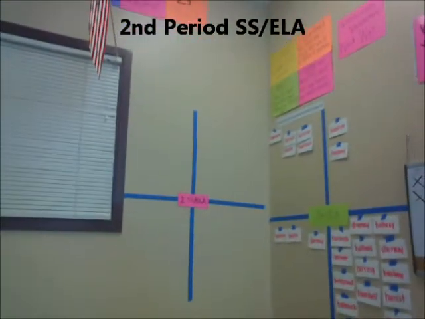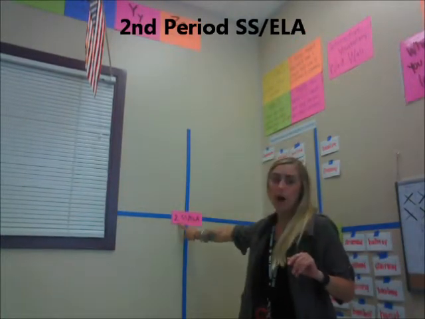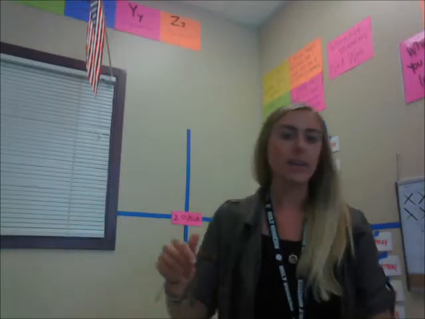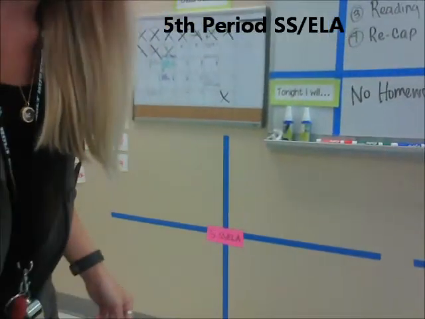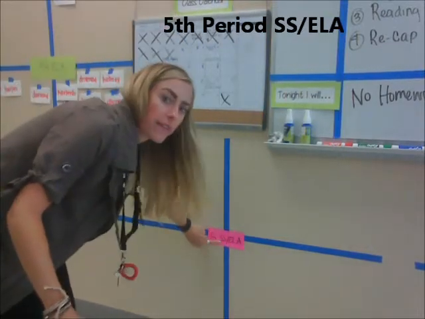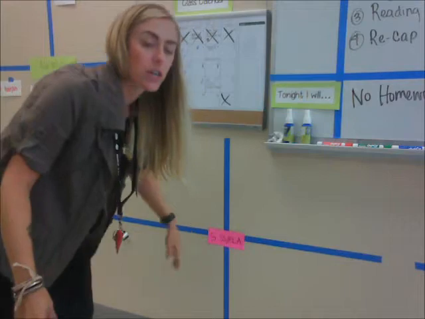So, if you are in my second period SSCLA, you are going to be using the second period SSCLA word waffle. Okay, if you are in my fifth period SSCLA, you are going to be using my fifth period SSCLA word waffle down below the calendar.